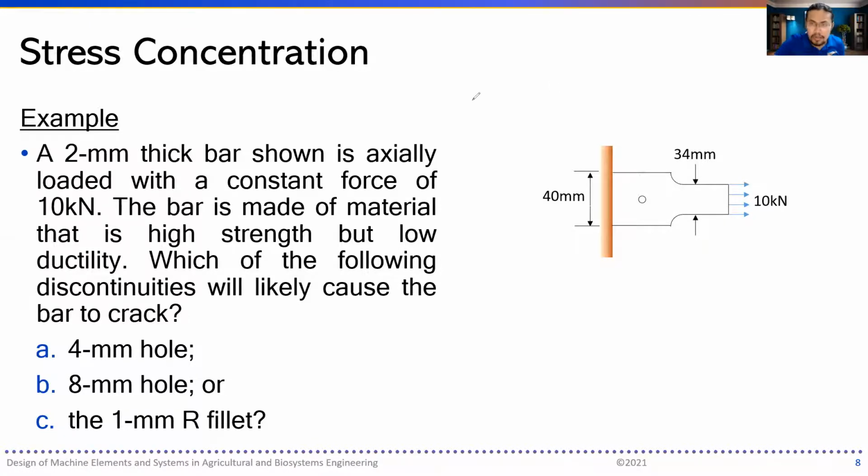So there is the hole, so this could be 4 millimeters in size or 8 millimeters. Now, which one would cause the cracking or the failure of this bar? Also, there's a fillet here that's been identified as 1 millimeter in radius.